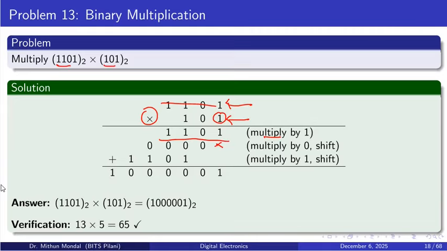Then we shift by 1 digit and take the second bit, which is 0, and multiply. Similarly, we shift 2 times and then do the multiplication. Finally, we add these 3 steps, which gives our answer. The verification says that this is equivalent to 65 in the decimal number system.